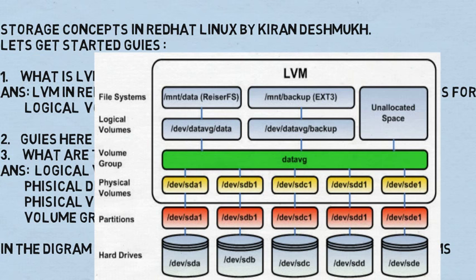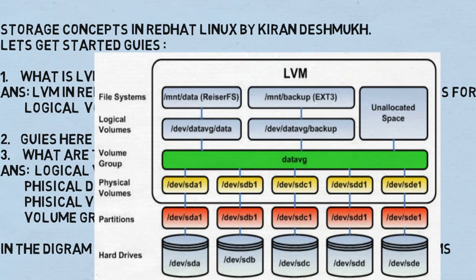On top of the hard drives, we have created disk partitions. On top of this disk partition, we have created a physical volume. A physical volume is a logical unit which we can create on top of a disk or on top of a disk partition. In the next video I will explain how to create the physical volume.